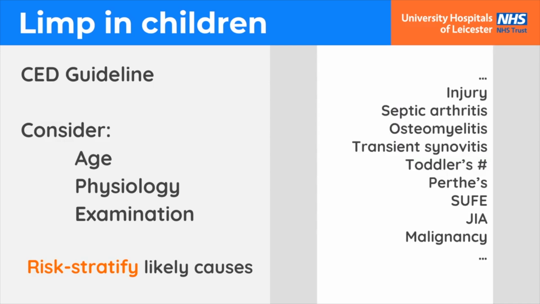It's fair to say that the differential diagnosis of a limping child is very, very broad, but does sadly include some very serious underlying causes that we don't want to miss.